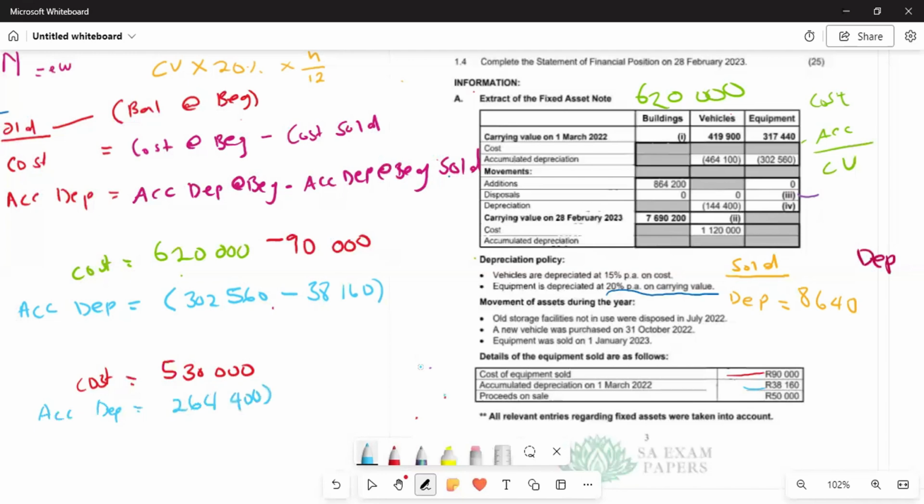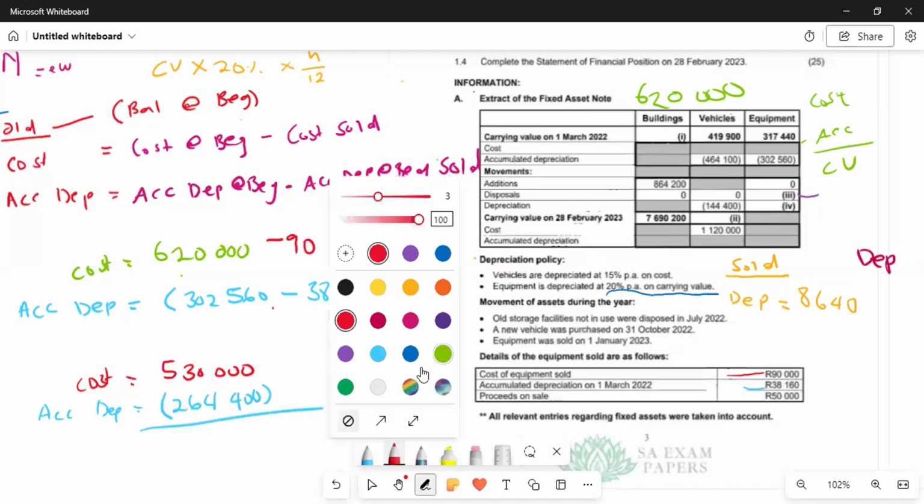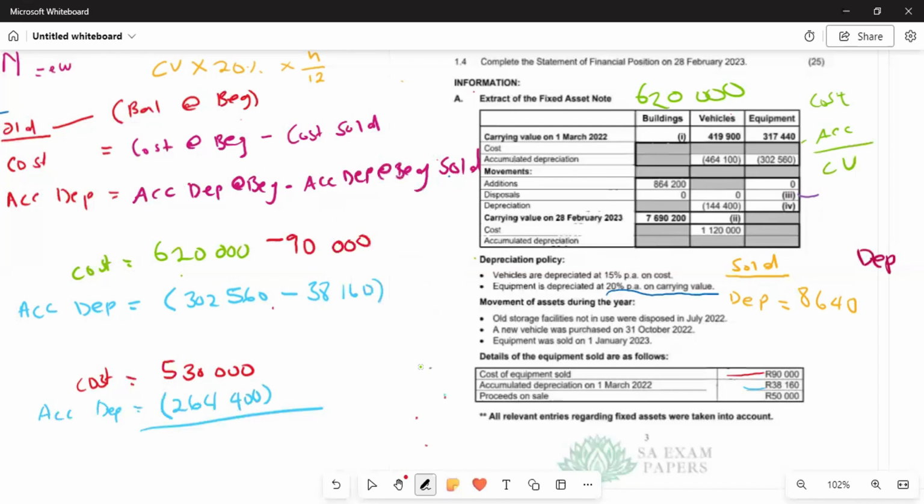And remember, we need to subtract this. Now we can subtract the two to get the carrying value of our remaining equipment. So 530,000 minus 264,400. Our carrying value for our remaining equipment is 265,600.